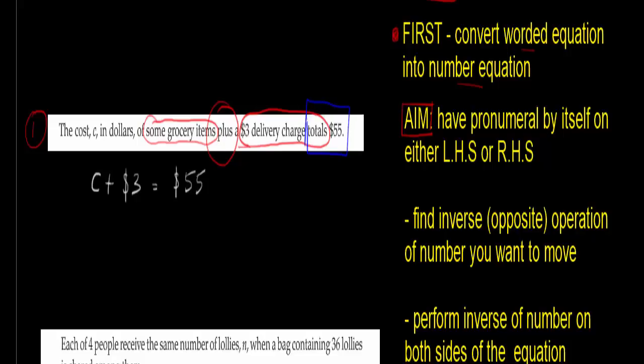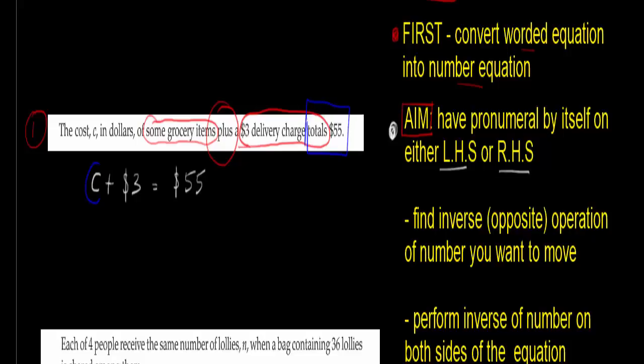And once you've done that, we're going to go for the same steps as per usual. Because remember the aim, we're up to this part over here. The aim is to have the pronumeral, the letter, be by itself either on the left hand or the right hand side. Alright, so how do we do this? Well, if we've got C over here, that's what we try to get to be by itself. So I'll use a blue color to make it more obvious.